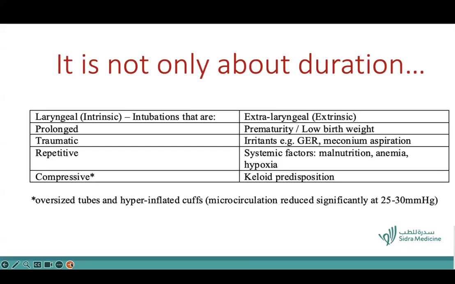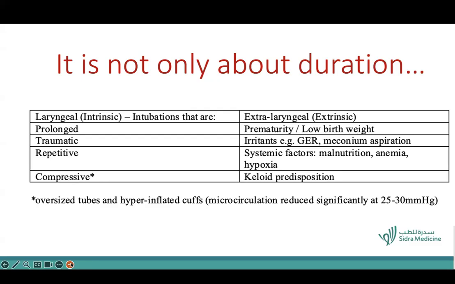Compressive tubes, and this is a big one and something that we can easily correct in all our institutions tomorrow, which is essentially using the right size and not an oversized tube for these kids, and also regularly checking the cuff pressures of these endotracheal tubes. Because if you hyperinflate these cuffs, and when you're thinking about hyperinflation, you're thinking about over 25 to 30 millimeters of mercury, and microcirculation ceases. Okay, and that again goes back to the inflammatory cascade.